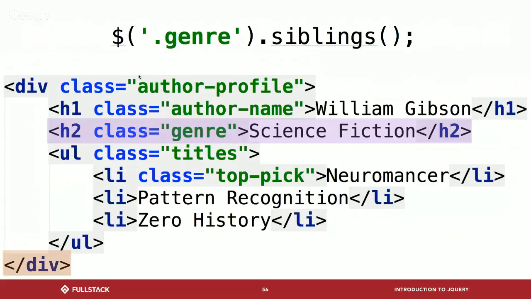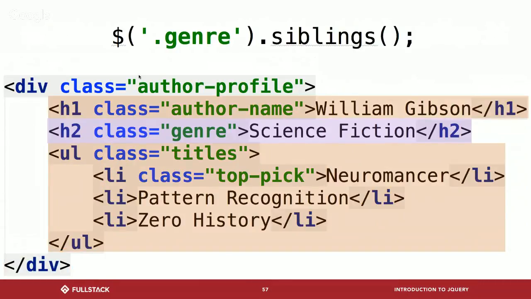So here, the siblings would be a wrapped set with these two. Again, it's important to see that when you use jQuery, it's not an array of DOM nodes, it's this wrapped set that you can manipulate. You keep on chaining things to it. So these would end up being the siblings.